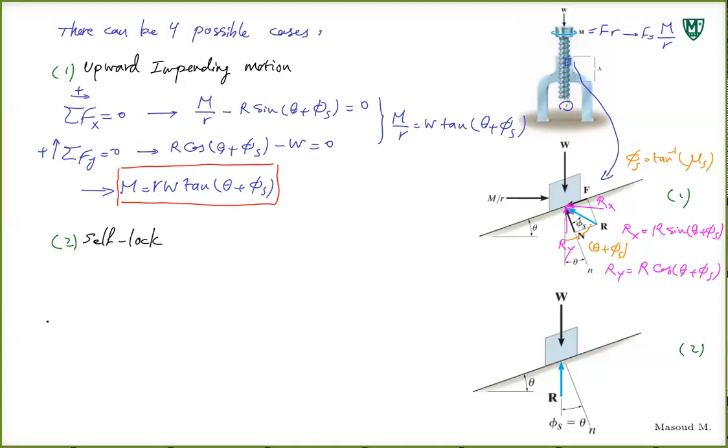So the friction is strong enough in general to keep the load where it is, and the screw doesn't start going down because of the weight. That's called self-lock, meaning that without any external moment, it's locked where it is.